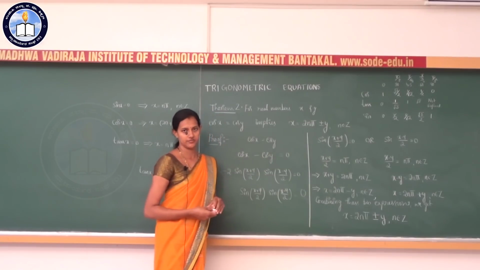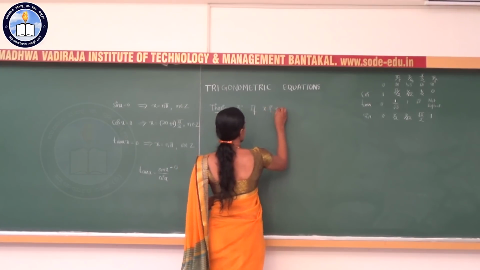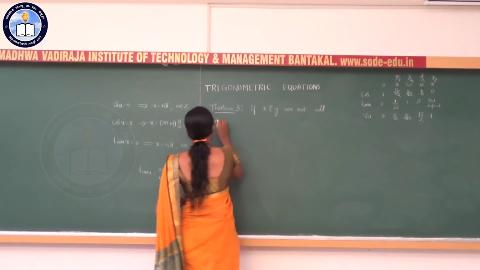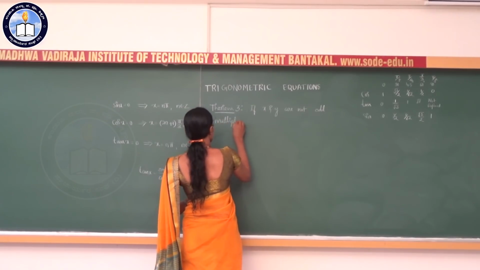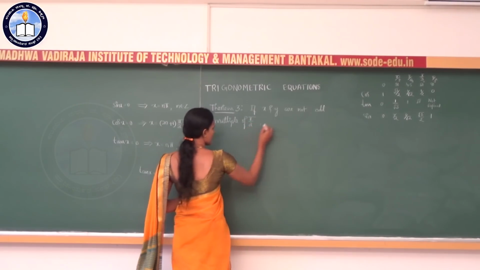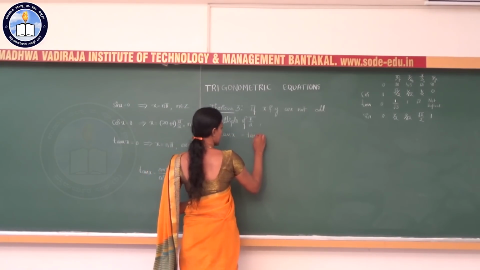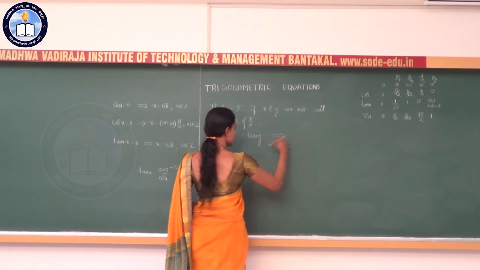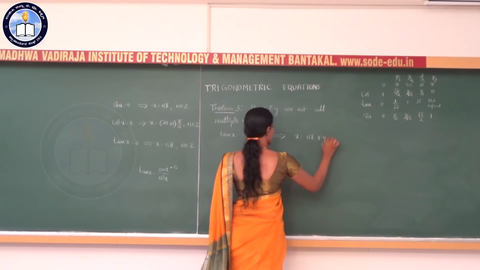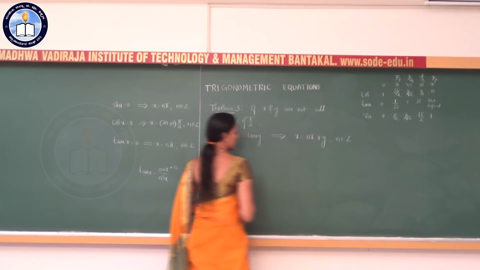an integer. Theorem 3: if x and y are not odd multiple of pi by 2, then tan x is equal to tan y implies x is equal to n pi plus y, where n is an integer.